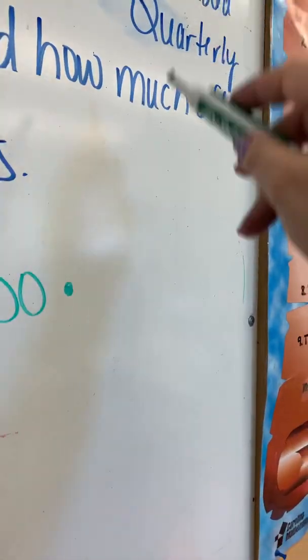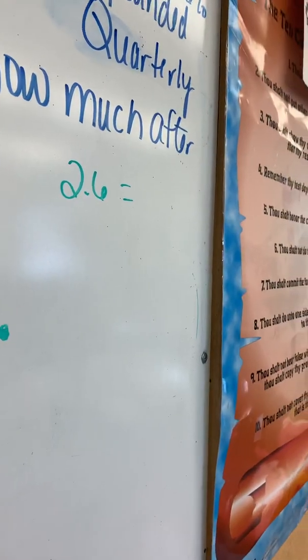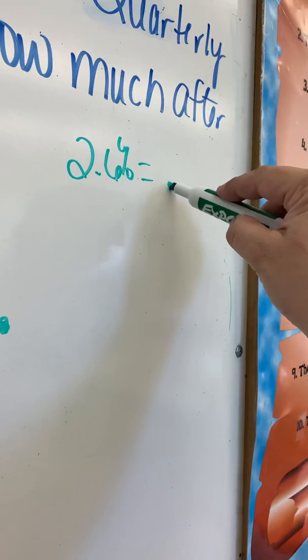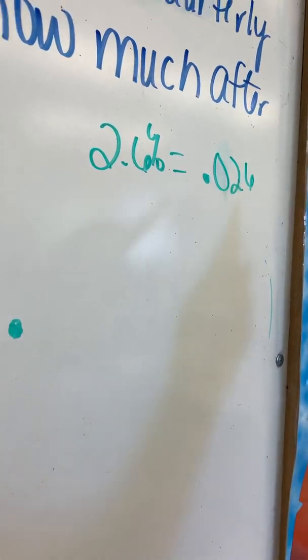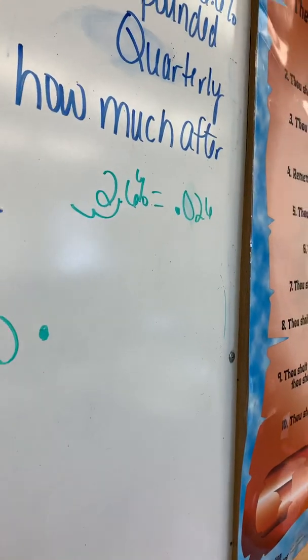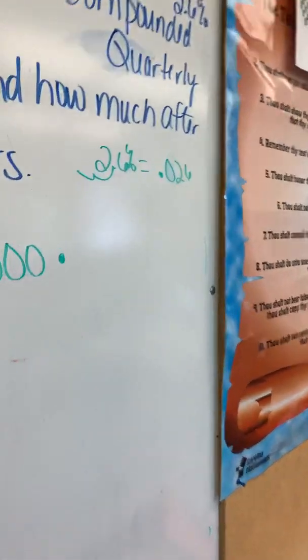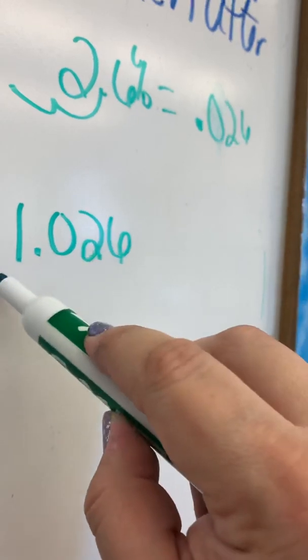So if I have 2.6%, how would I write that as a decimal? 0.026, right? Move that over twice. Okay, because it is a growth, what do I have to add to it? 1. So I would do 1.026.